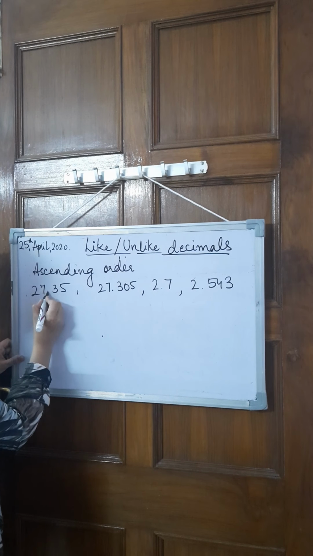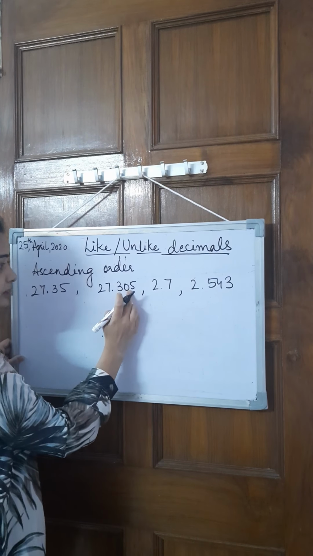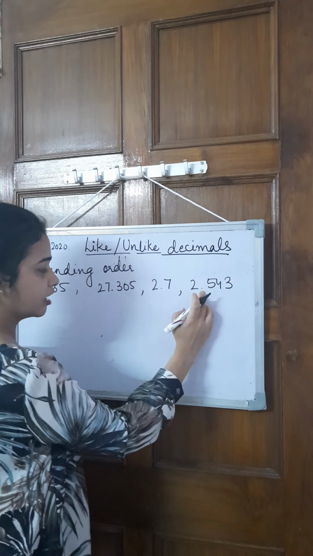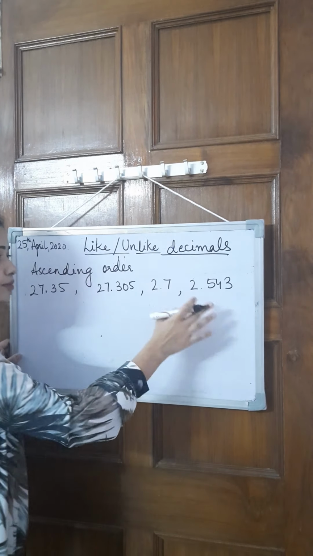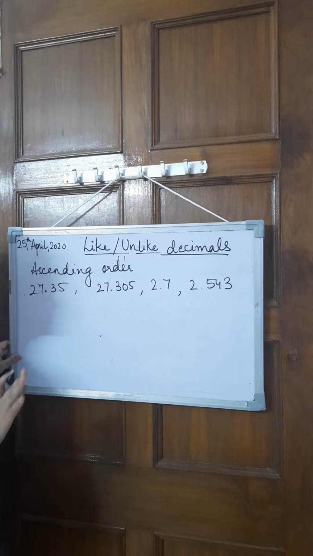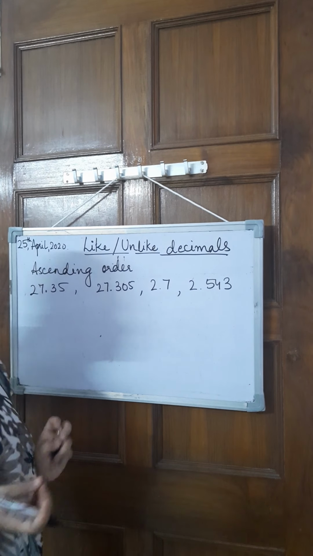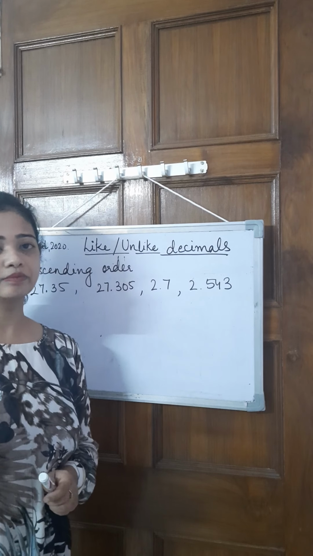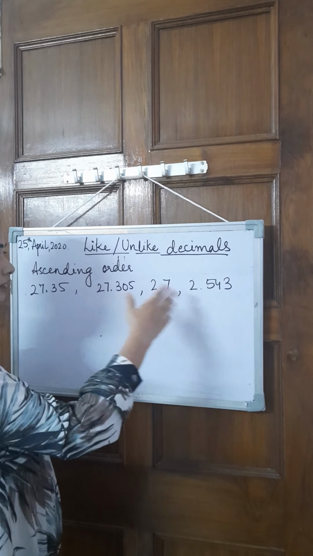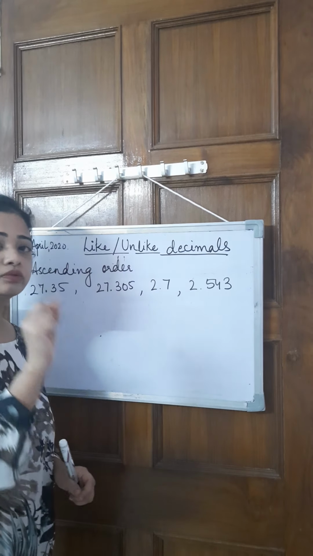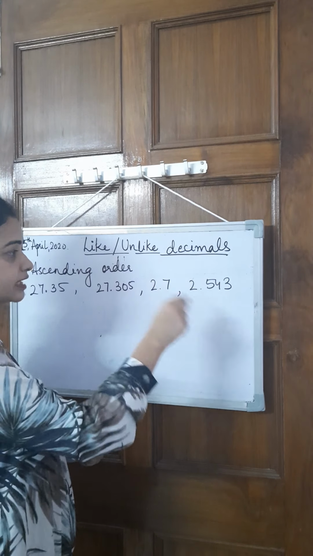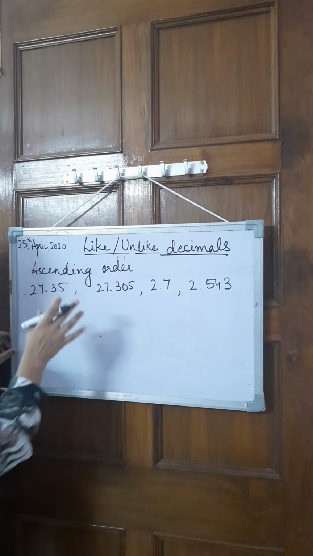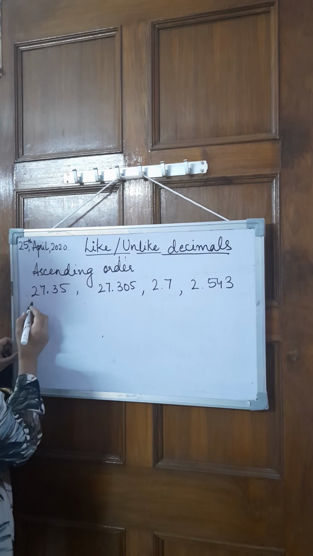After decimal, 2 places, after decimal 3 places, after decimal 1, after decimal 3 places. So maximum I have 3 places after decimal. This means wherever I don't have 3 places after decimal, I will put zeros, and I will convert all numbers to equal the numbers that have 3 decimal places.